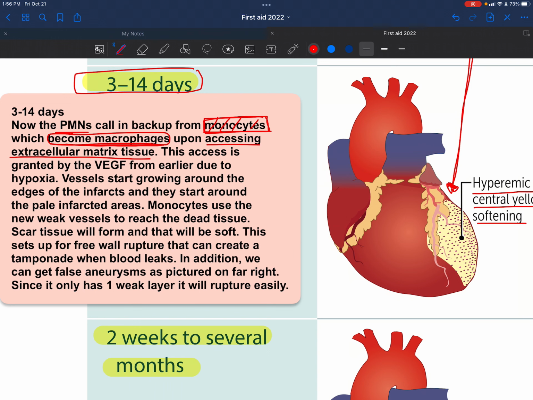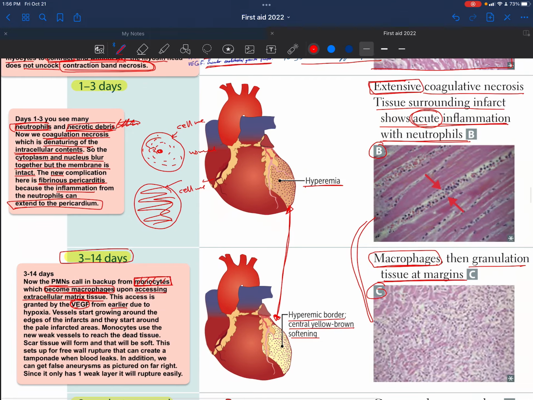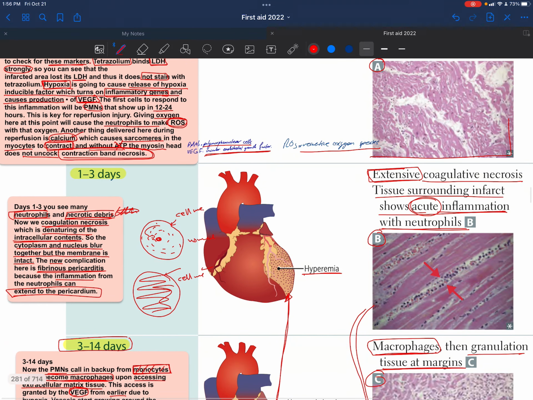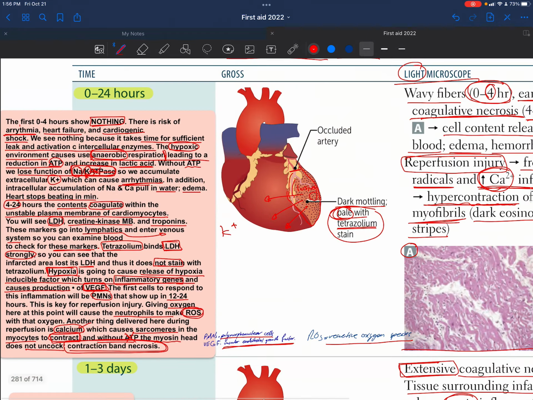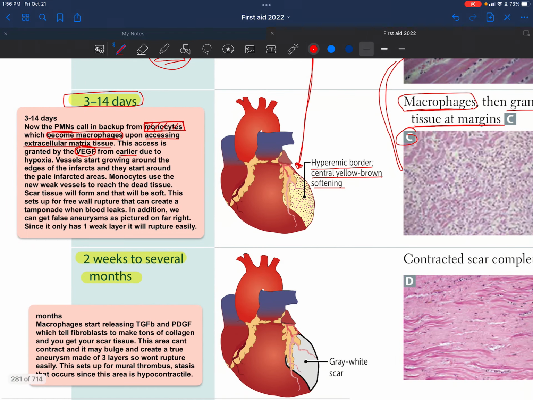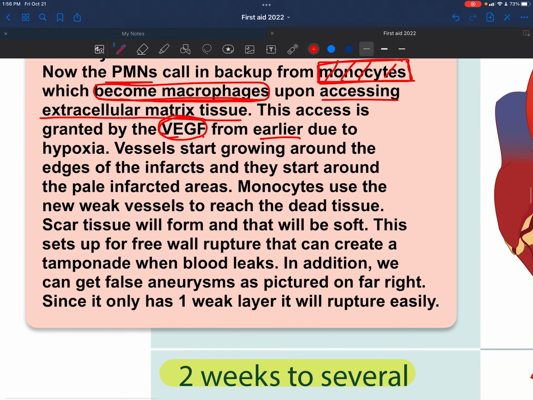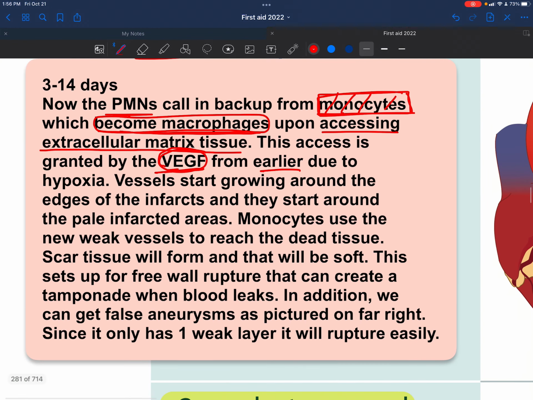This access is facilitated by the vascular endothelial growth factor from earlier, because we said that we have vascular endothelial growth factor probably from the first 24 hours. So it was there. That's why it would facilitate the presence of macrophages now.